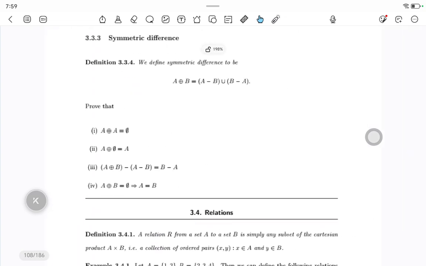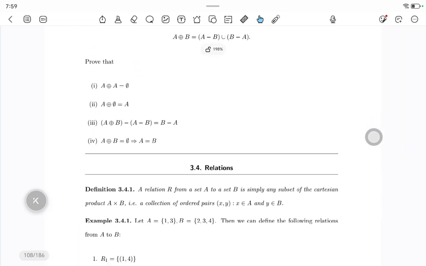First, if we check the definition of a relation, they say that a relation R from a set A to a set B is simply any subset of the Cartesian product A×B.